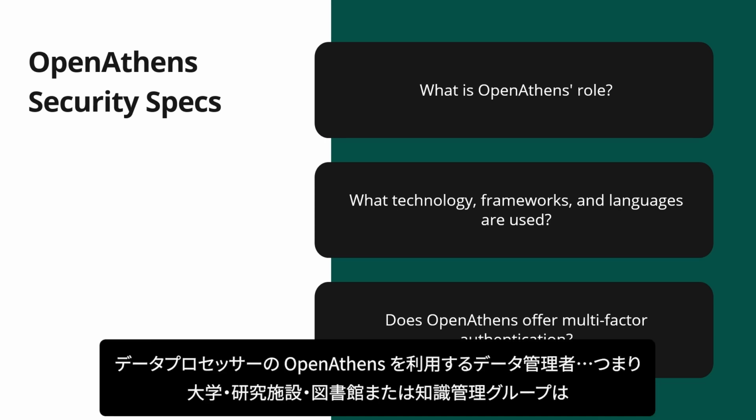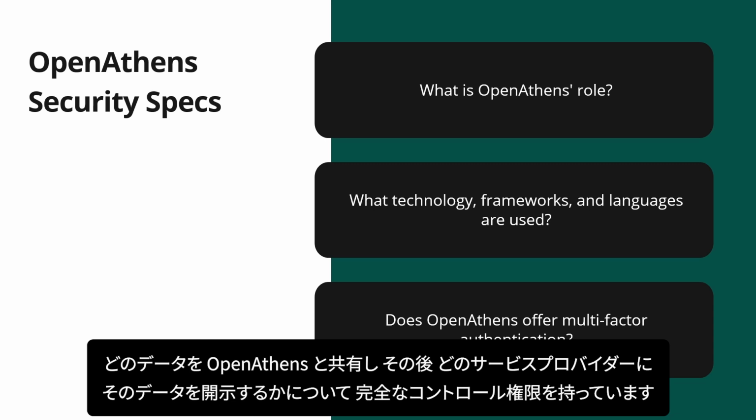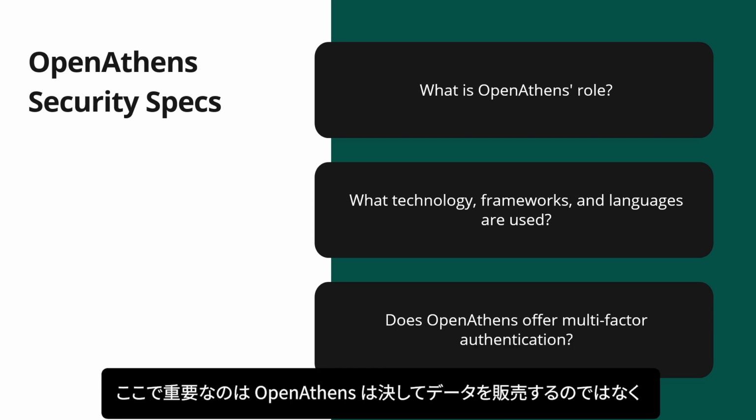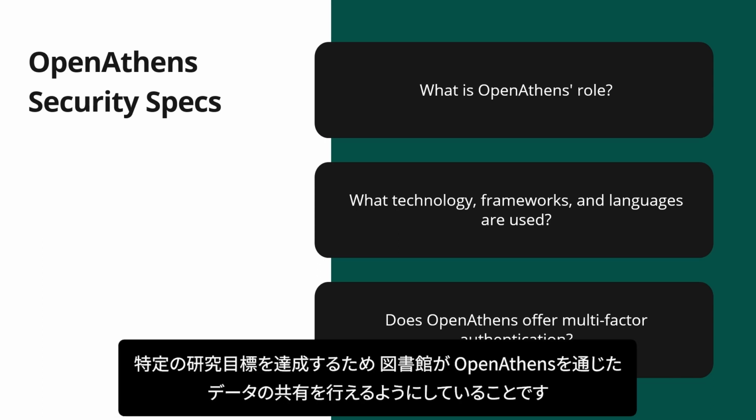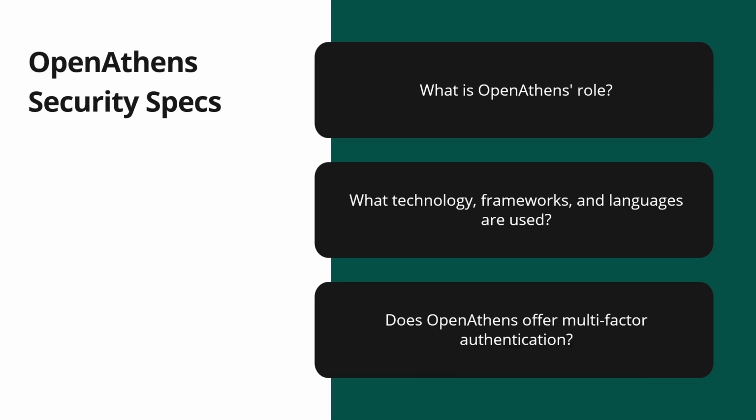A university, research facility, library, or knowledge management group, the data controller, who uses OpenAthens, the data processor, has full autonomy over what data is shared with OpenAthens and subsequently which service providers that data is released to. It's important to note here that OpenAthens never sells data, but allows the library to share data through its service to achieve certain research goals.